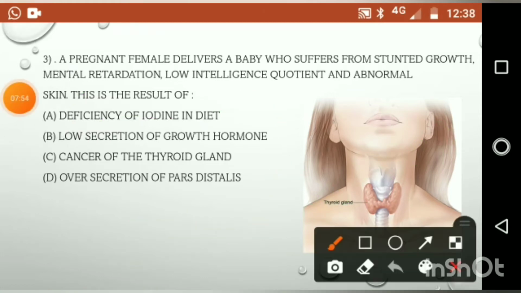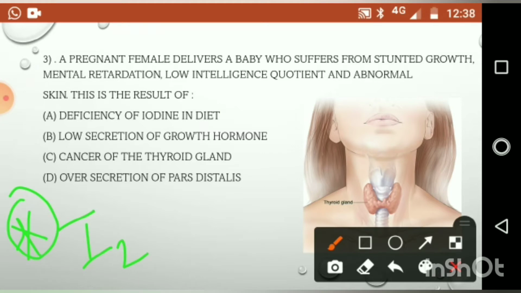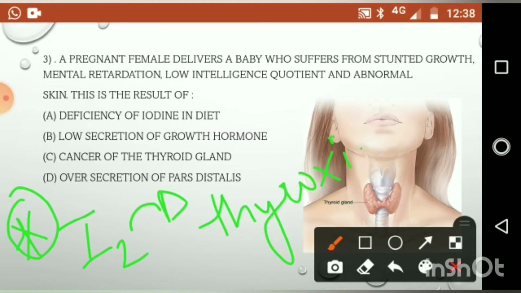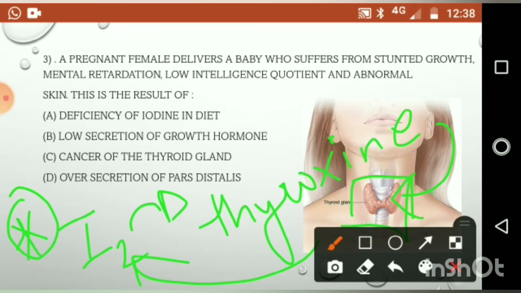Iodine is very important for the secretion of thyroxine, and thyroxine is a hormone of the thyroid gland. So the thyroid requires iodine for the secretion of thyroxine.